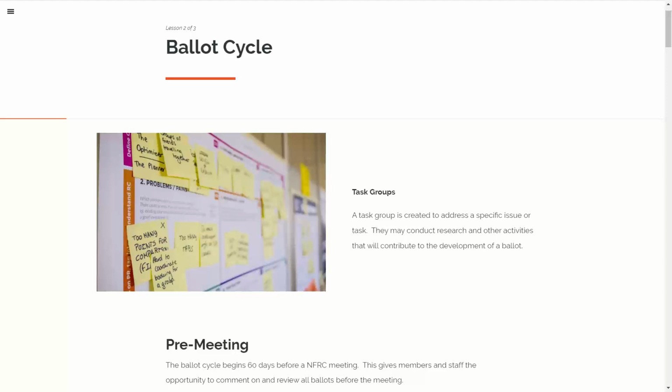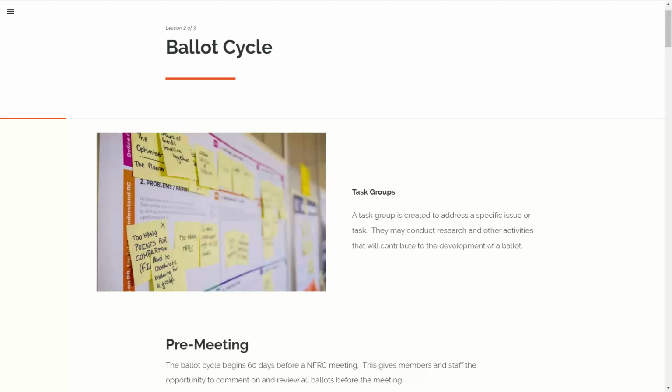It's generally once or twice a month, but it really depends on the urgency of that task group completing their task. Now, to develop the ballot, the task group may be getting into the weeds. There may be the need to perform research, do some testing or simulations to assist with the development of the document language. To support the task group members, there's a web page for all the active task groups, which will allow you to stay up to date on the progress of each task group's responsibility and task.